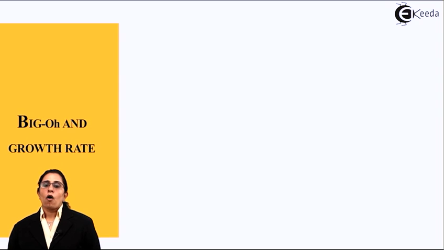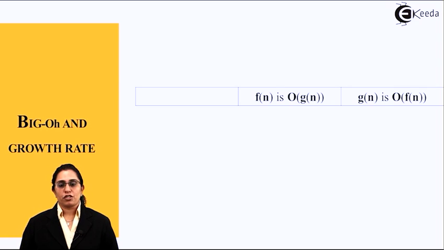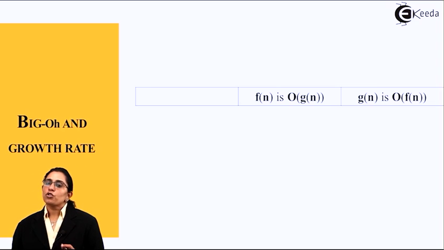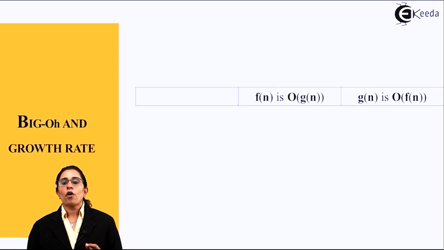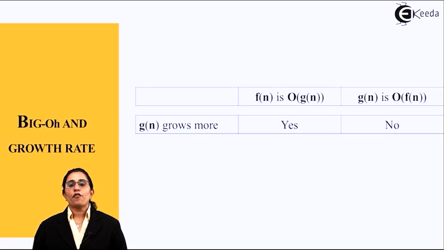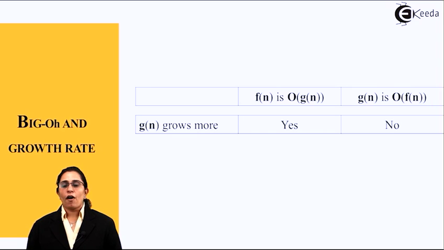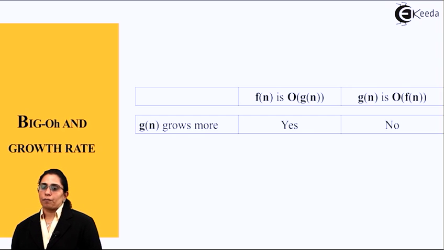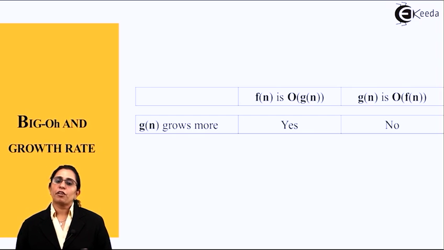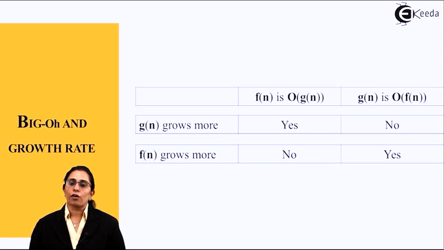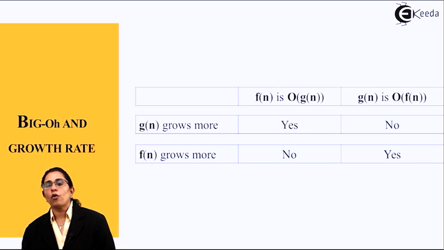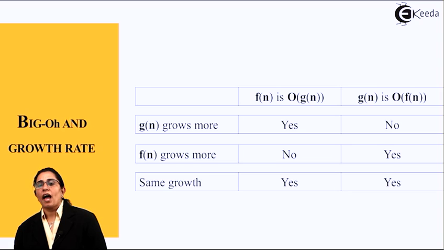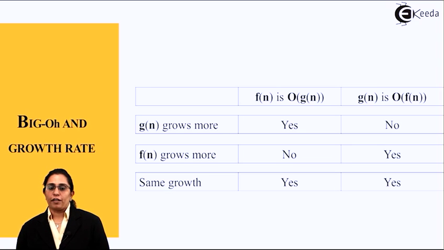Big O notation and the growth rate is also seen in this table, where we've put the headers as f of n is O g of n and g of n is O f of n. If you see, g of n grows more if function is with the growth of the given algorithm. There is no growth for the simple function, and f of n grows more when there is a growth for a big O notation, and the same growth is there when f of n is O g of n and g of n is O f of n.